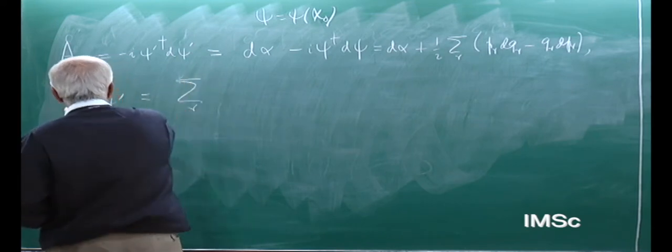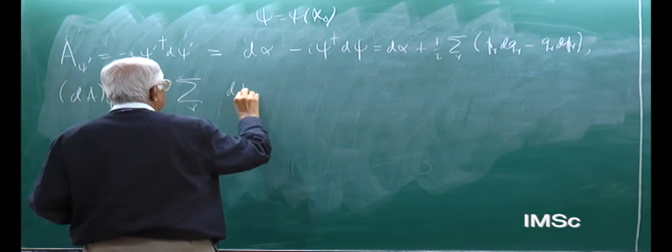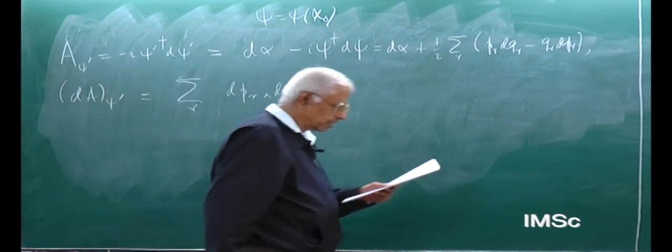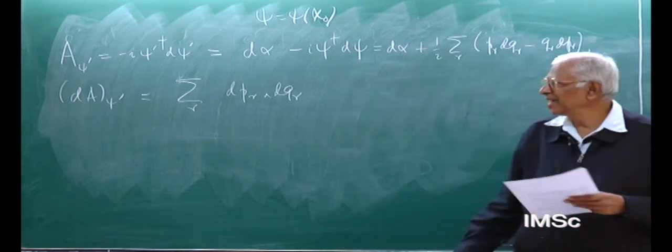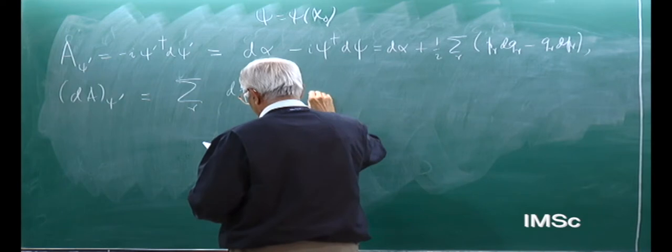The exterior derivative of this will be the sum over r of dpr wedge dqr. I'm not explaining this notation. You must learn it somewhere or sometime.